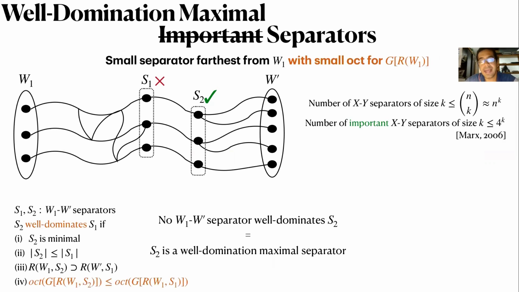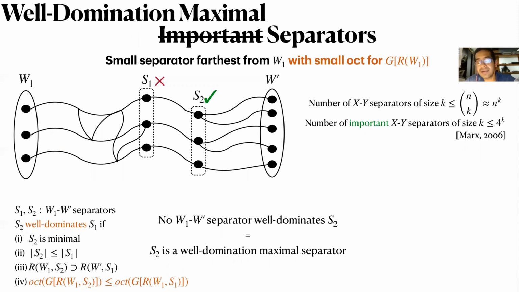But here we add one additional constraint, which is that the odd cycle transversal of the reachability graph of W1 after removing S2 is less than the odd cycle transversal of the reachability graph of W1 after removing S1.